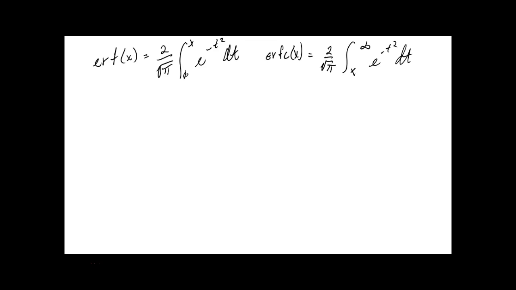And they say that result is proved in Appendix A. I can't wait to get there and see it, okay? We can write that 2 over root pi, which is common to both integrals, of the integral from 0 to infinity of e to the minus t squared dt would then be 1.